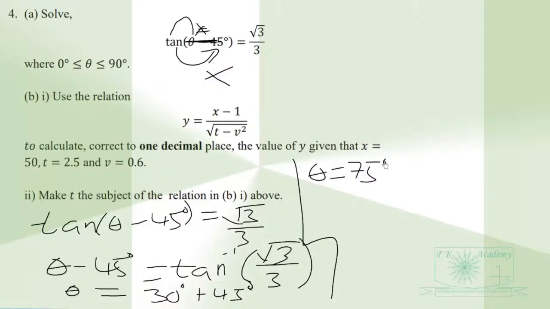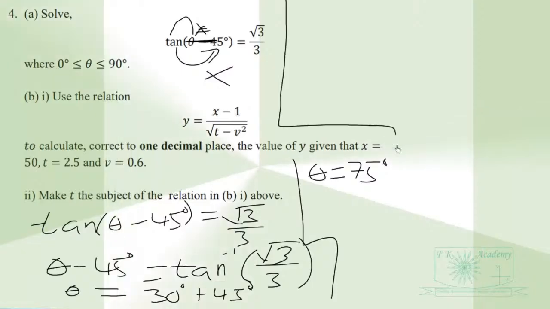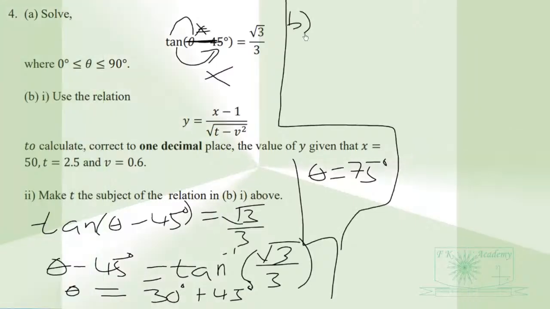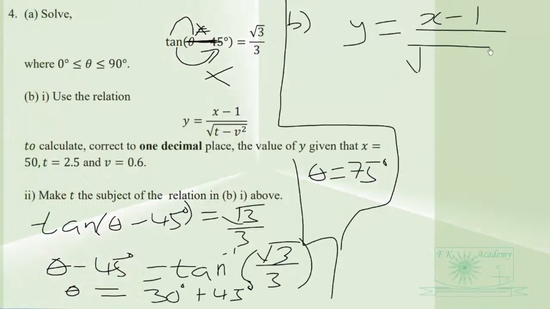So we fix in the values and start the calculation. So y is equal to x minus 1 over square root of t minus v squared.